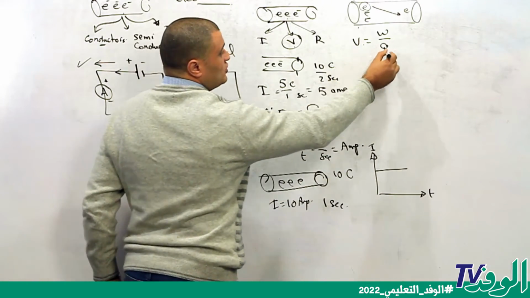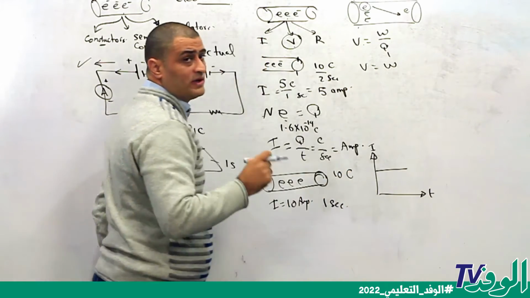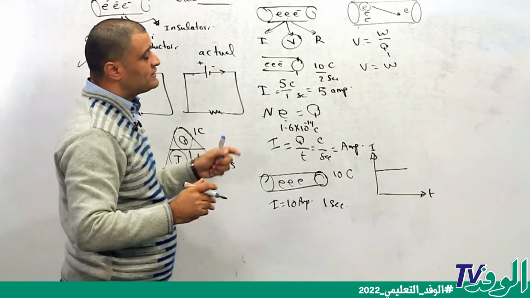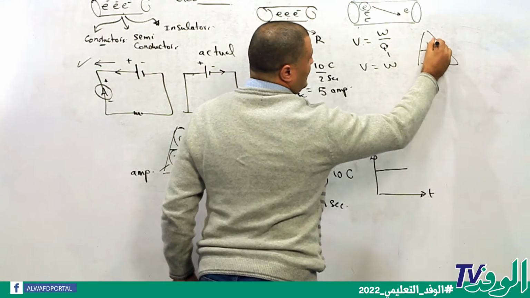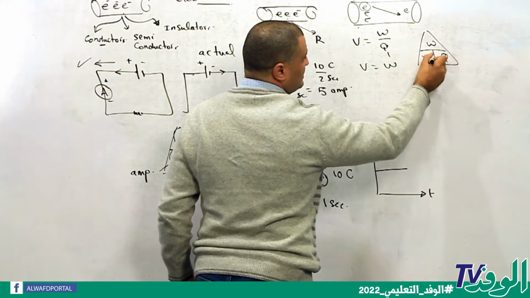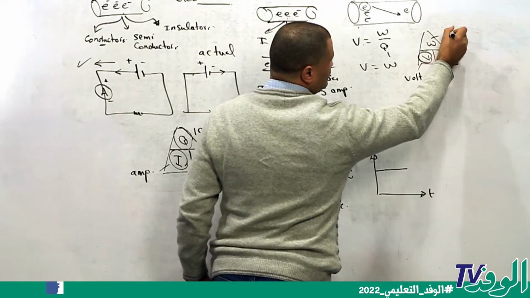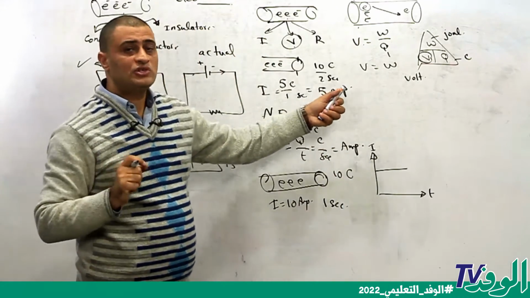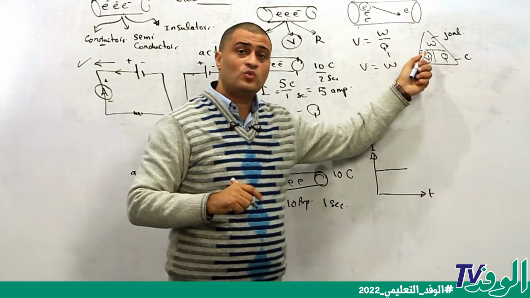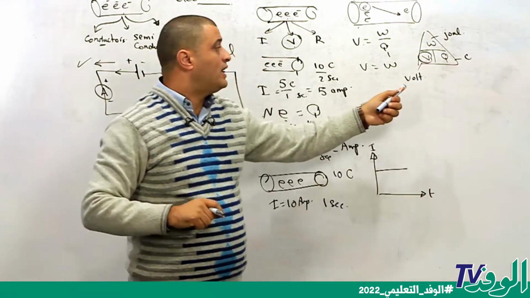Suppose we have 1 coulomb, so V equals W when we transfer 1 coulomb between the two points, and we can define it as follows. Here the units are volt, joule and coulomb. So volt is the potential difference which needs 1 joule to transfer a quantity of charge equal to 1 coulomb.